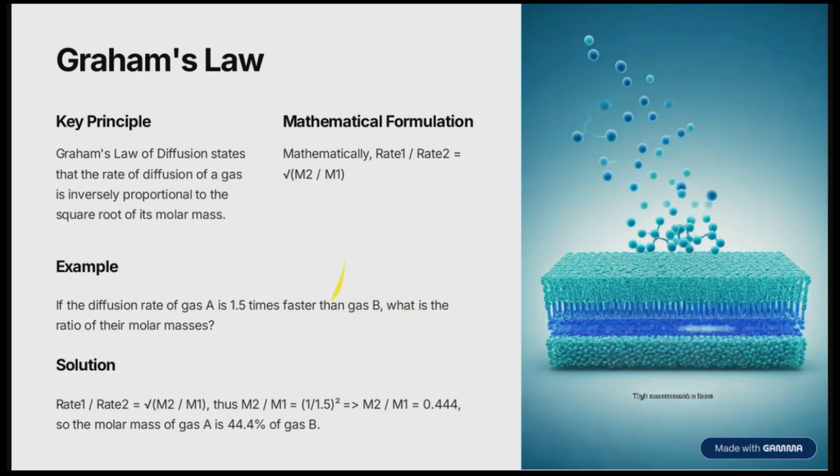So R1 will cancel out the R1 above, and you'll be left with 1 over 1.5 equal to square root of M2 over M1. That's what we can see here. When you remove the square root sign, you are left with M2 over M1. Removing the square root sign means you take the square of both sides.